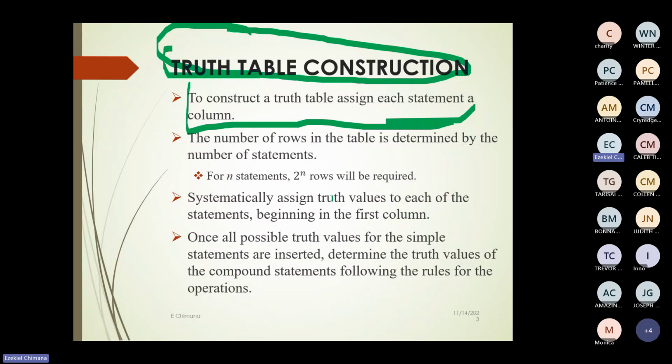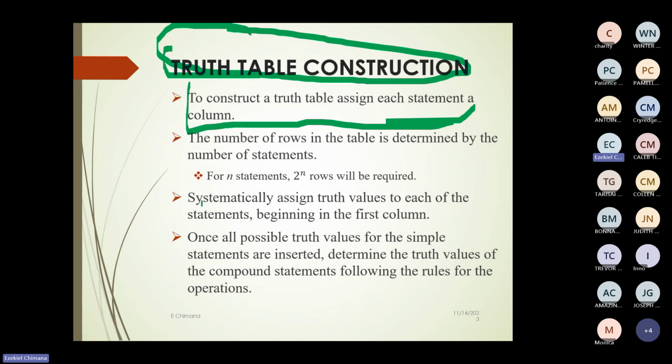So systematically assign truth values to each of the statements, beginning in the first column. Normally here we use what we call the half rule. If you have got 8 rows, you start with 4 T's followed by 4 F's. And then on the next column, you do half of the first column's truth values: true, false, true, false.